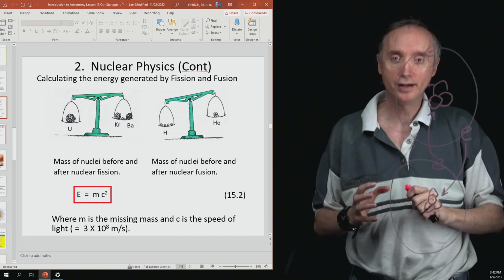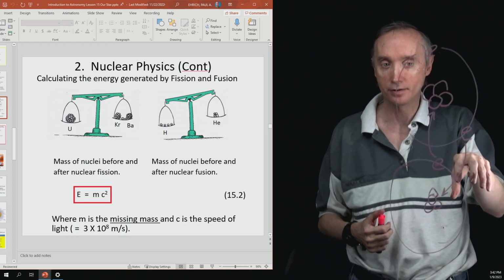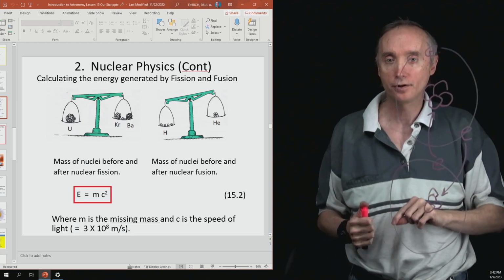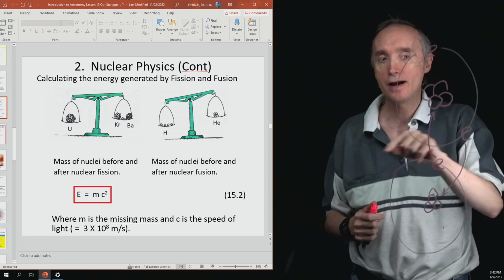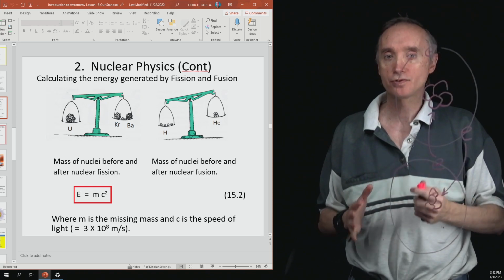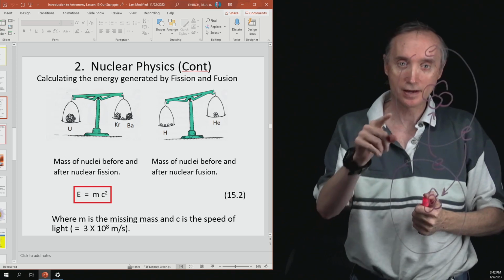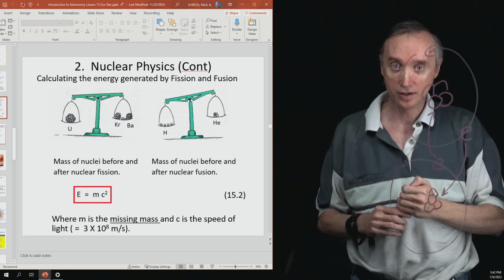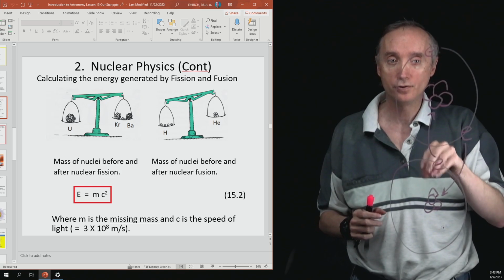So what really happens is that if you were to weigh all the pieces parts after the nuclear reaction, it's going to be less than the amount that you started with. And the same thing is true for a nuclear fusion reaction. So the second picture shows the 4 protons that go into a nuclear reaction.